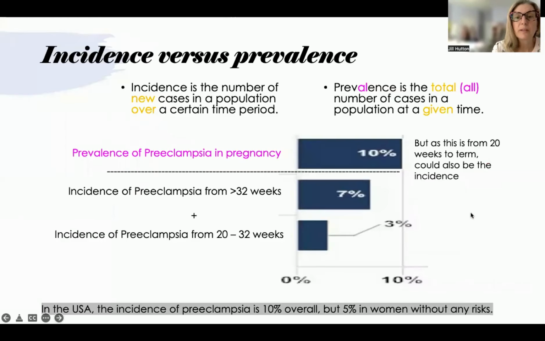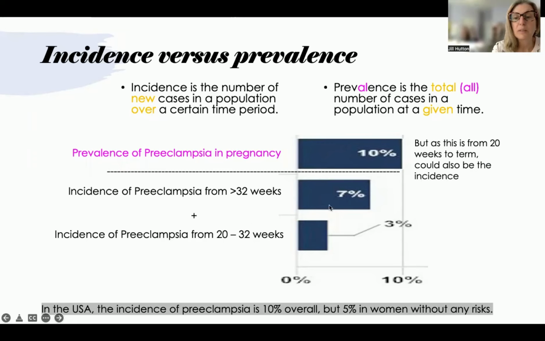So I'm going to switch back to OB for a minute and preeclampsia. In the United States, the incidence of preeclampsia is 10% overall, but 5% in women without any risks. The incidence from 20 to 32 weeks is 3%, or 3% of women who are pregnant in the US will develop preeclampsia from 20 to 32 weeks.